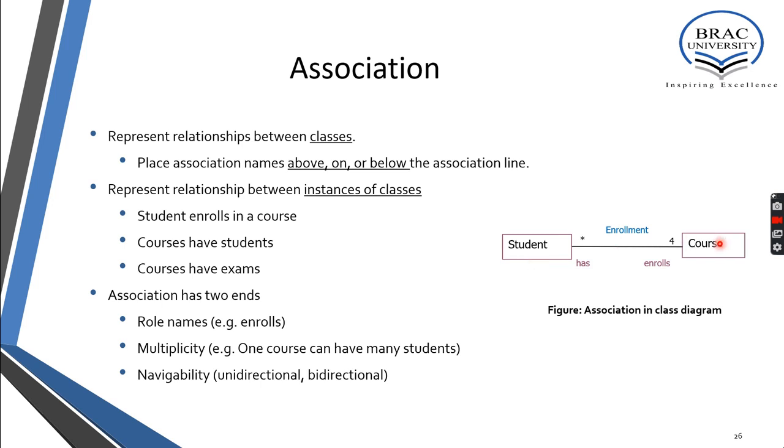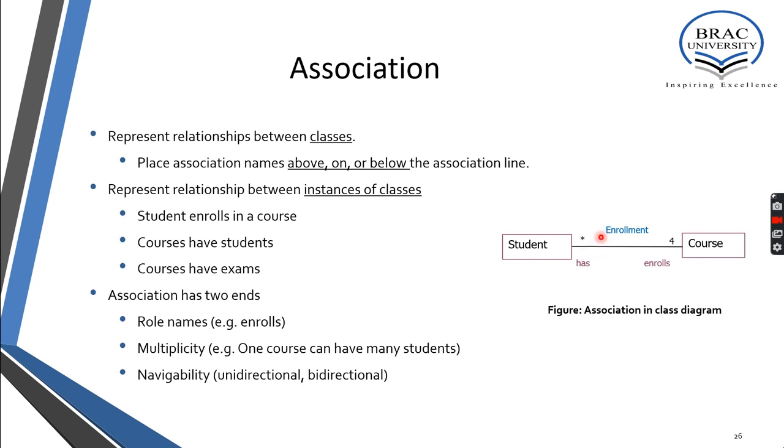For example, if the system provides that one student cannot take more than 4 courses, then this relation has some multiplicity: a student needs to be connected with 4 courses, and one course can be enrolled by many students. Star means many, and this relationship is named enrollment. So in an association, the relationship may have a name, and this name can be put here.